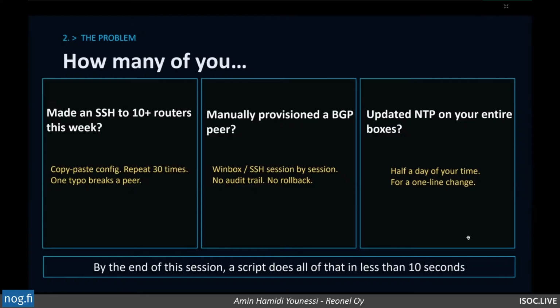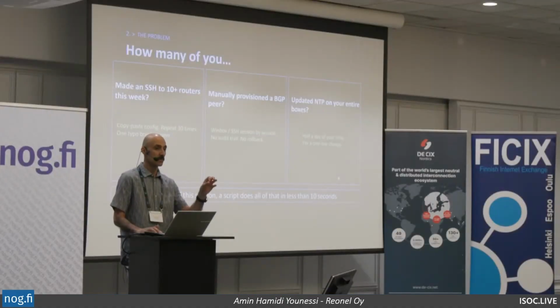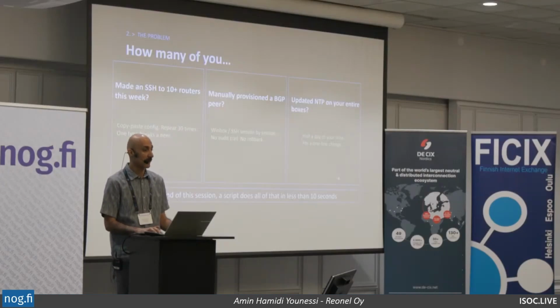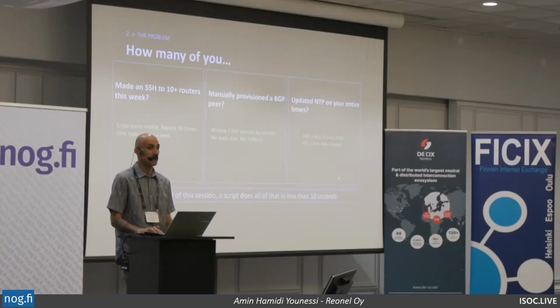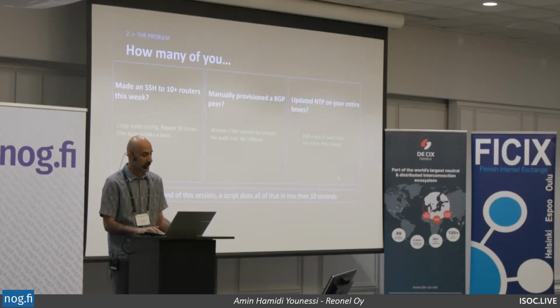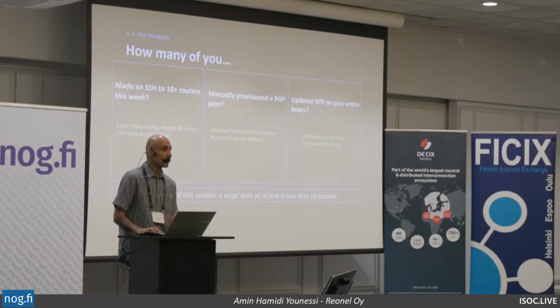Many of us maybe connect to different routers just to show or print something, to check the interface status or the BGP peer connection, or to configure BGP, which is time consuming, and sometimes we may break something during a mass configuration. Another question is, how many of you manually provisioned a BGP peer at an IXP or ISP during the past days?